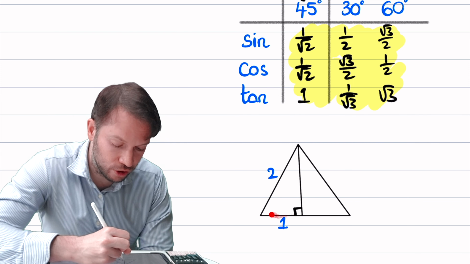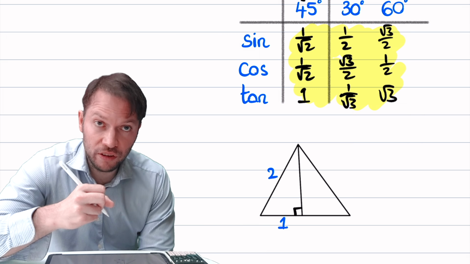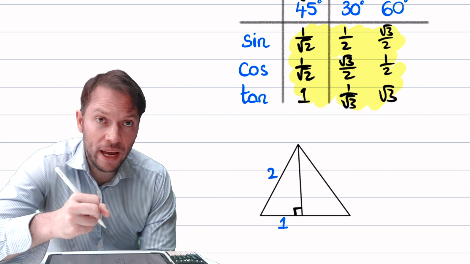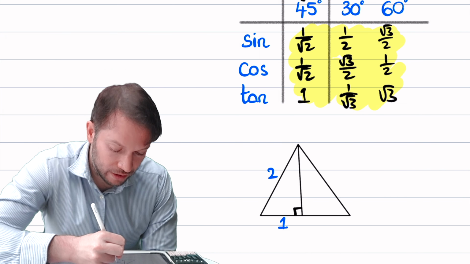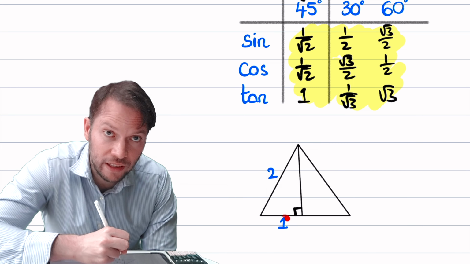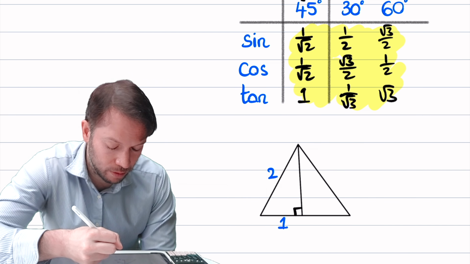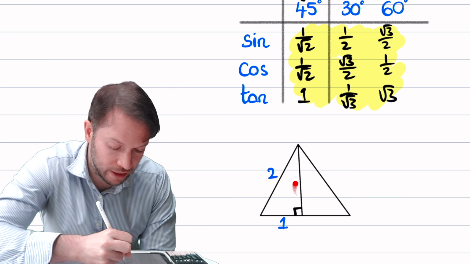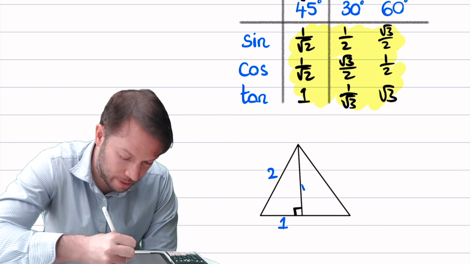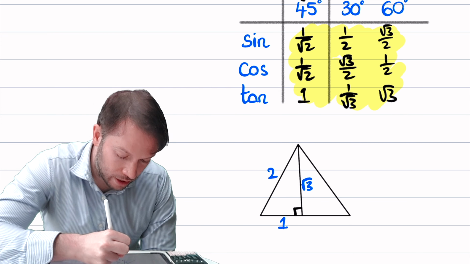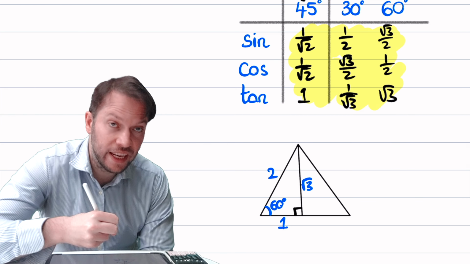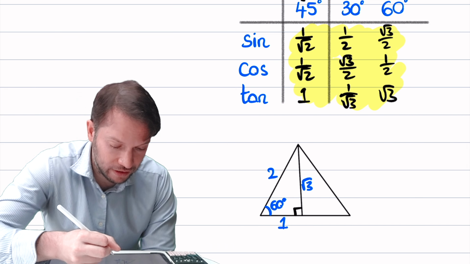Now, this is one of the two shorter lengths of the triangle. We do the square root of the difference of the squares. So we do 2 squared minus 1 squared, which is 4 minus 1, which is 3. Square root it is root 3. So that's root 3. And then this angle is 60 because the interior angle of an equilateral triangle is 60.